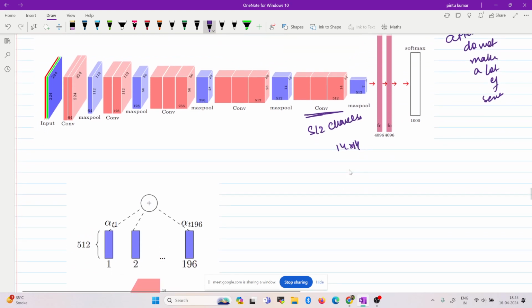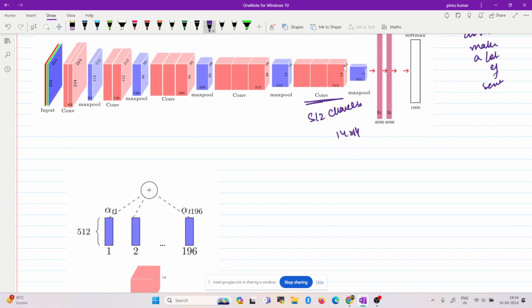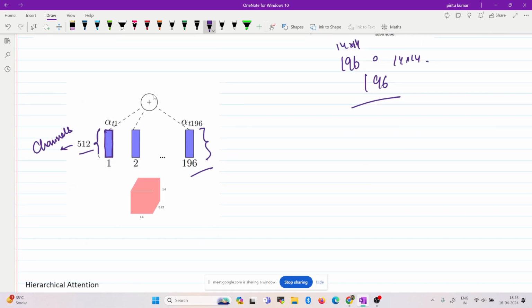We treat all these spatial 14 cross 14 elements, so there are 196 such vectors of length 512. We treat these as your spatial representation, and we apply attention on these. You don't apply attention on channels. You apply it on the 14 cross 14 positions, so you will have 196 such vectors of length 512, where 512 is your channels. Then you apply attention on top of it.